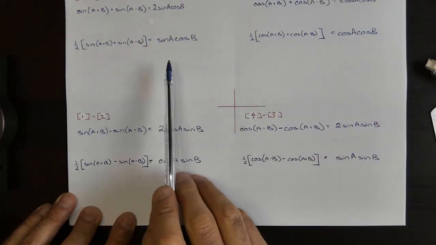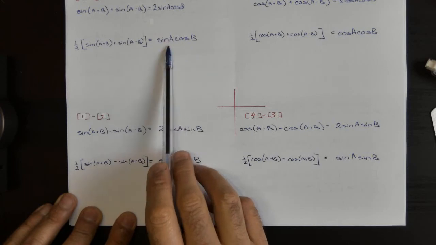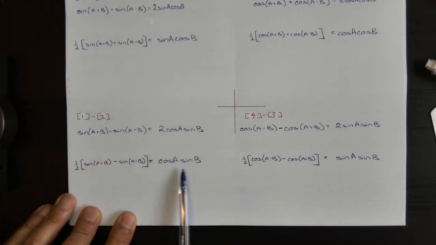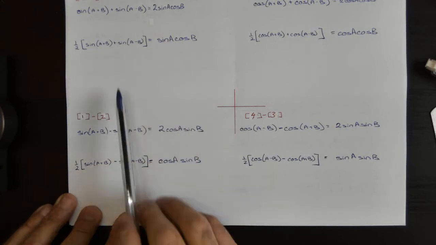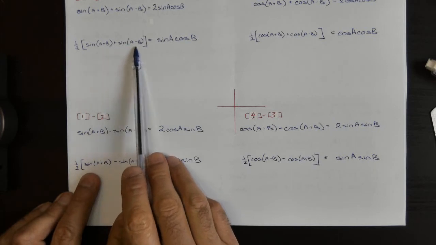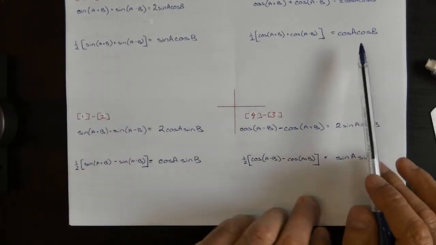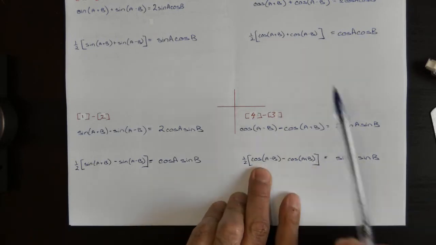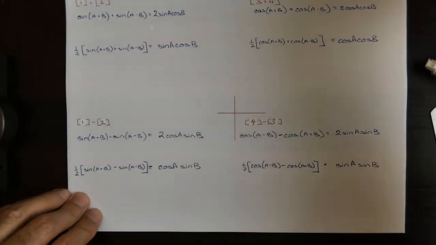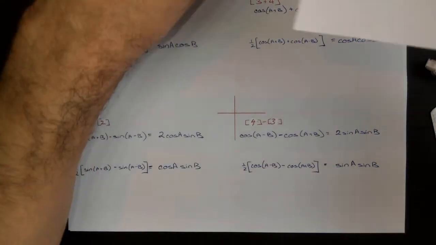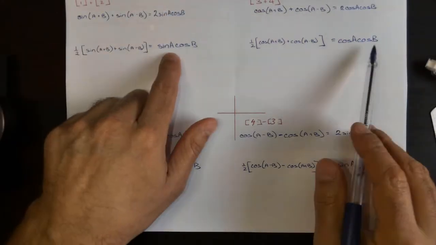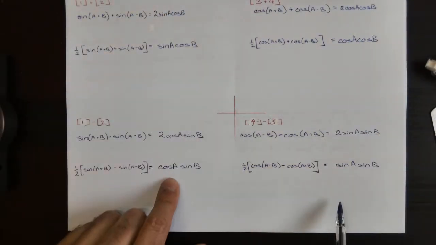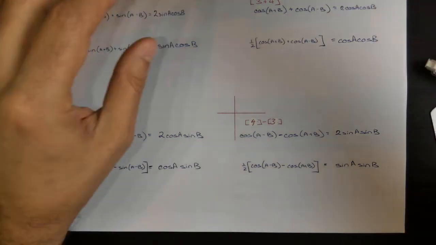When you multiply the two opposite ones, we get half sine A plus B plus or minus sine A minus B, and if we multiply the same, we get the cosines. So those are the products to the sums and differences.